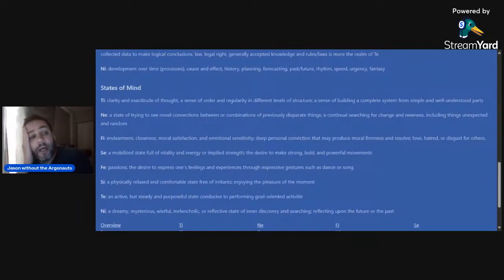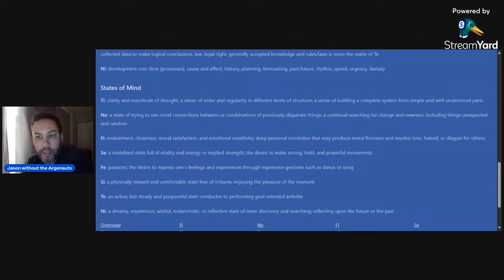You can see with these high TI types, they like to spend a lot of time thinking and crisply defining stuff, coming up with a structure where it's either this or it's that. Something has to go into this category or it goes into that category. What determines which category it goes into? Well, there has to be a certain criteria that defines why this thing goes here and that thing goes there.